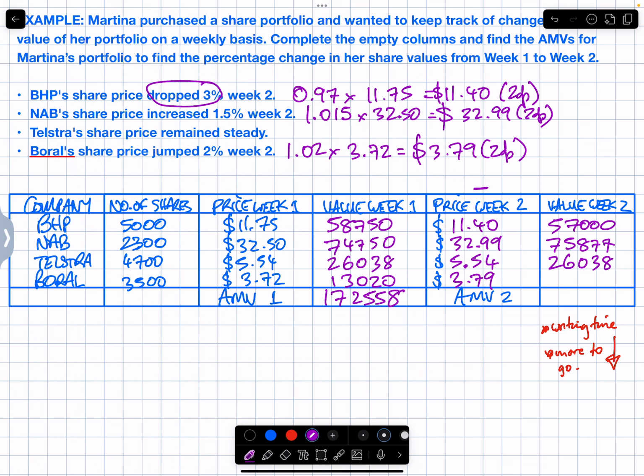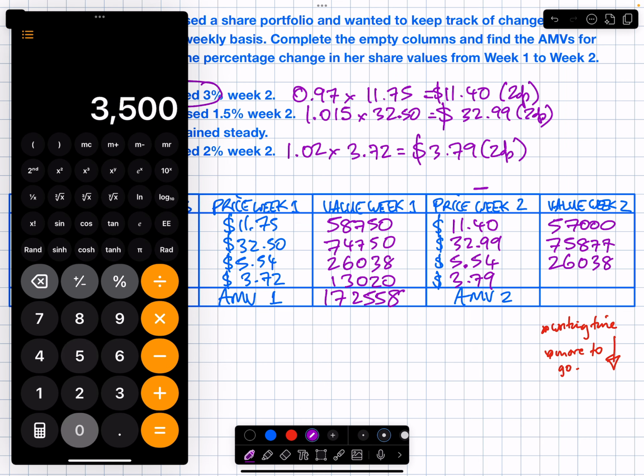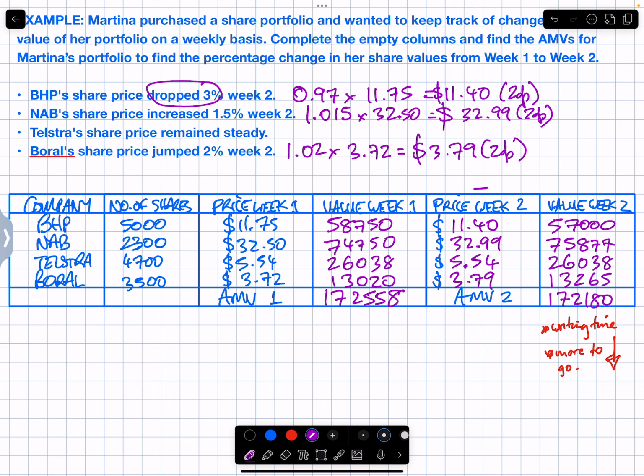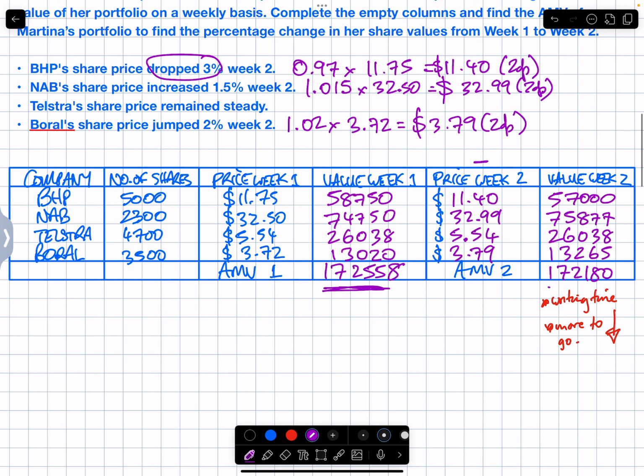And we have 3,500 times $3.79, 13,265. So the aggregate market value is all those added together, 13,265 plus 26,038 plus 75,877 plus 57,000, 172,180.